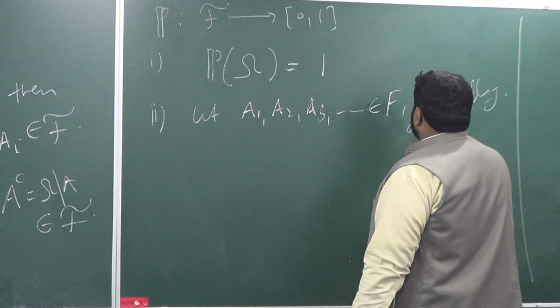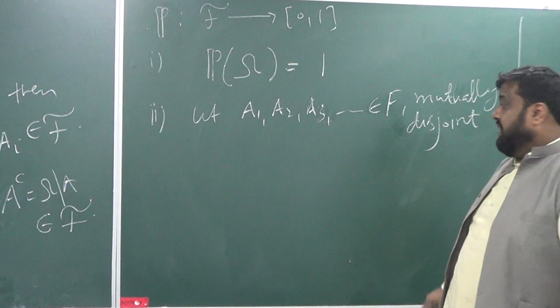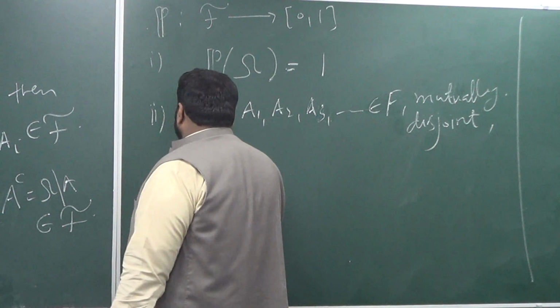Mutually disjoint. Then the probability of the union must satisfy the countable additivity property.